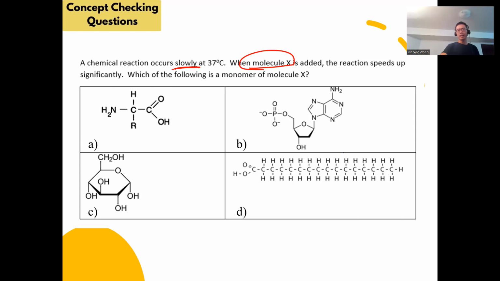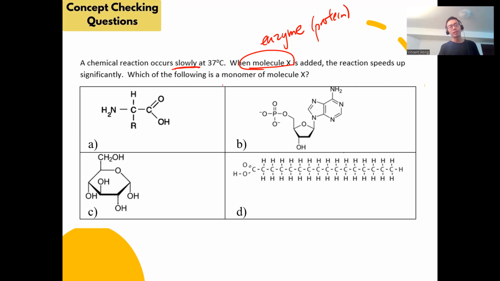Thank you, Roy. Enzyme. Enzymes speed up reactions by reducing the activation energy. It's like the tuition example, like a scholarship, it makes it lower. Now that we know molecule X is an enzyme, and enzyme is a type of protein, the question is easier.